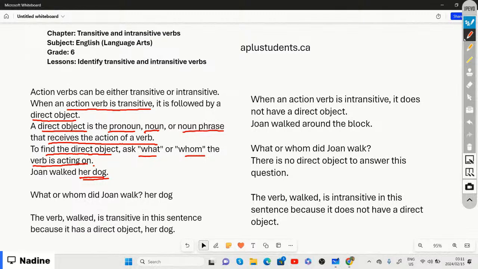So walked is our transitive verb within that sentence, and it has a direct object, which is her dog. Who or what did they walk? The dog. And that is the direct object, her dog. So the dog receives the action.